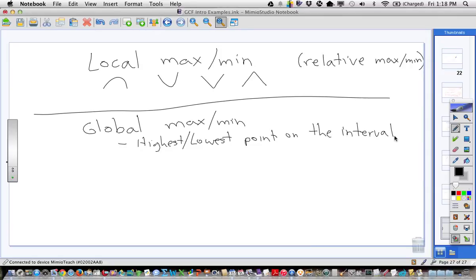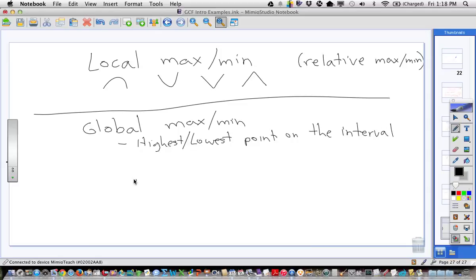Now, if there's no interval, if it's negative infinity to infinity, you might not have a global max or min. Like on x cubed, it just goes forever up and forever down, and there is no global max or min. But if you've got a fixed interval, a closed interval, then you should have a global max and min. We'll talk a lot more about this. I just want you to be comfortable and familiar with the term.